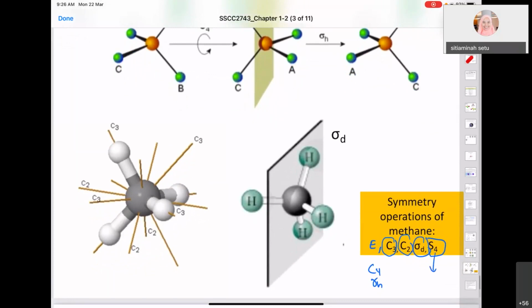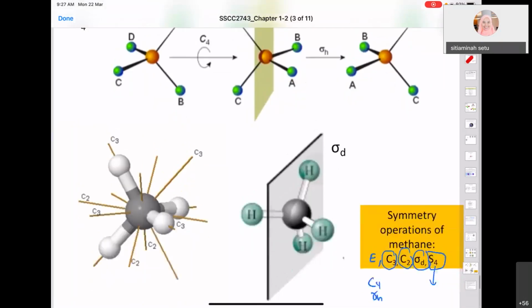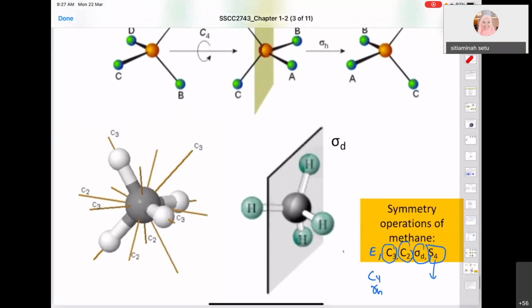Walaupun ini adalah combination of rotation dan reflection, tapi molekul tu tak semestinya kena ada rotation dan horizontal mirror image. Contoh macam ni lah methane, sebab dia S4, 4 tu adalah nombor genap.